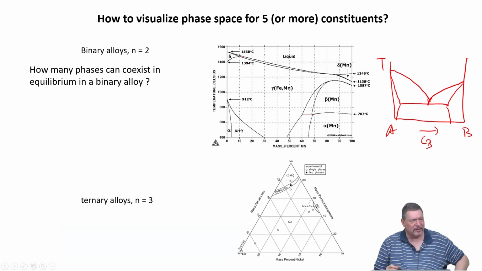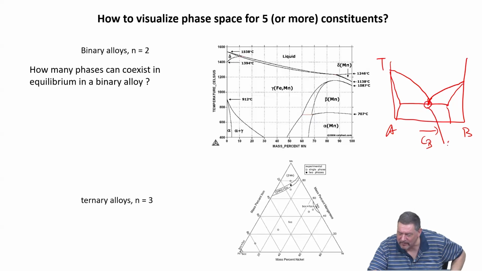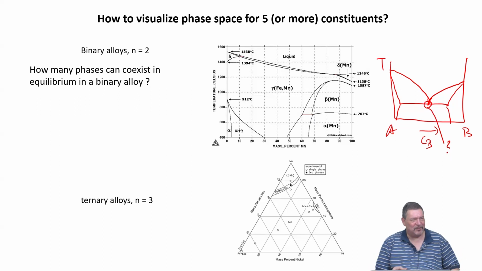This is a simple eutectic, right? How many phases coexist at maximum? What about this point? Yeah, three, yes.